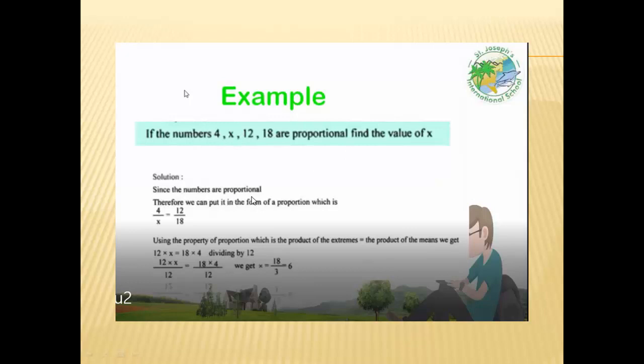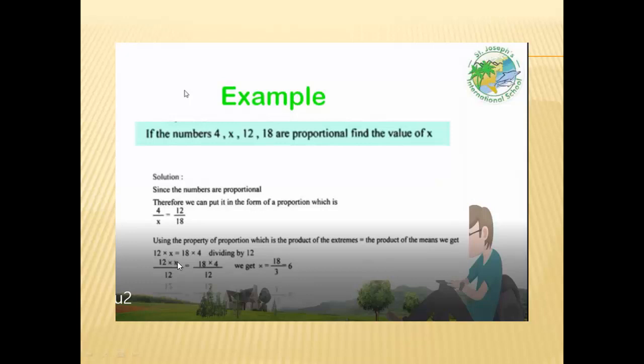Since the numbers are proportions, we can put them in the form of a proportion, which is the first number over the second number equal to the third number over the fourth number. Then we can use the property of proportions, which is the product of the extremes equals the product of the means. We get 4 times 18 equal 12 times x.